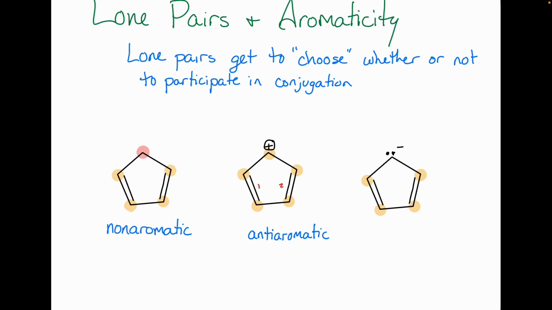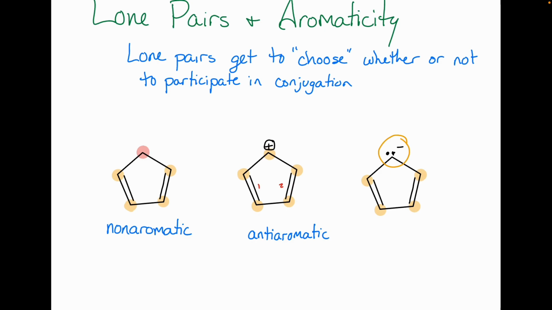So this carbon atom right here, it gets to decide whether or not it's going to put that pair of electrons in a p orbital so that it can talk to its neighbors, or whether it's going to keep it in an sp3 hybridized orbital so that it can't talk to its neighbors. That carbon gets to decide what hybridization to adopt.